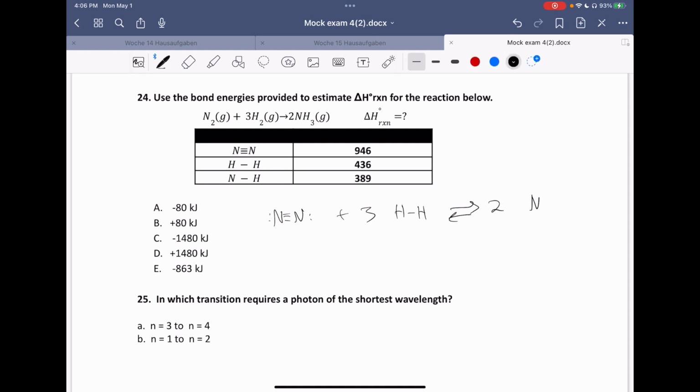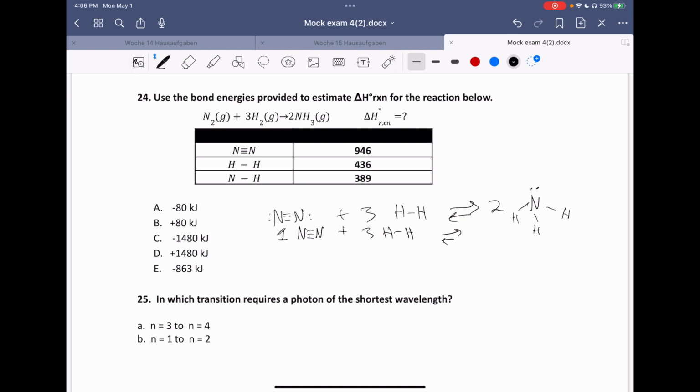So we see that we need to break one triple N bond and 3 single H-H bonds.